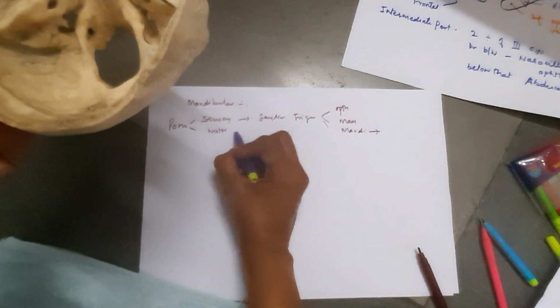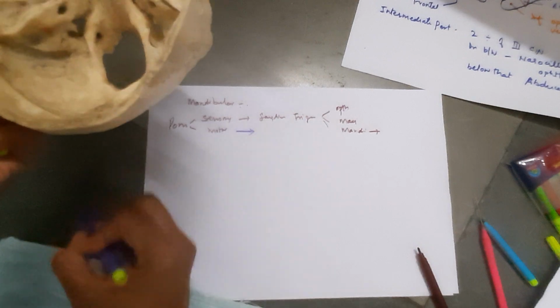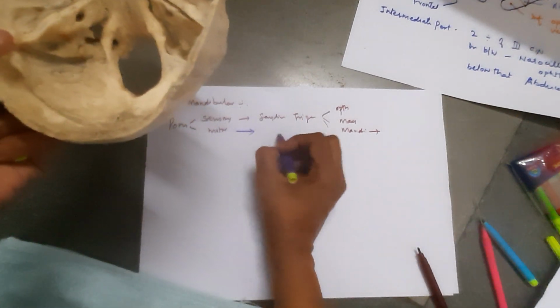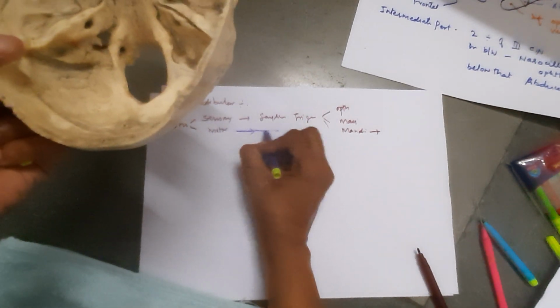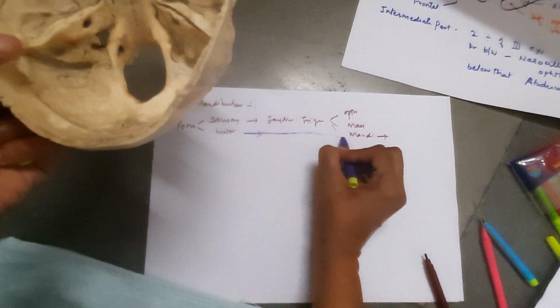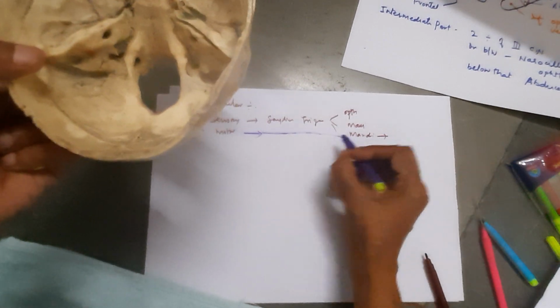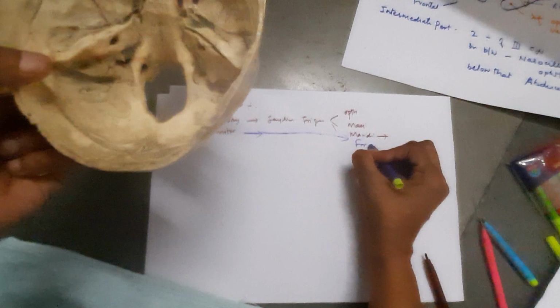Now we come to the motor part of the trigeminal nerve. The motor root will traverse forward and also pass into the foramen ovale.